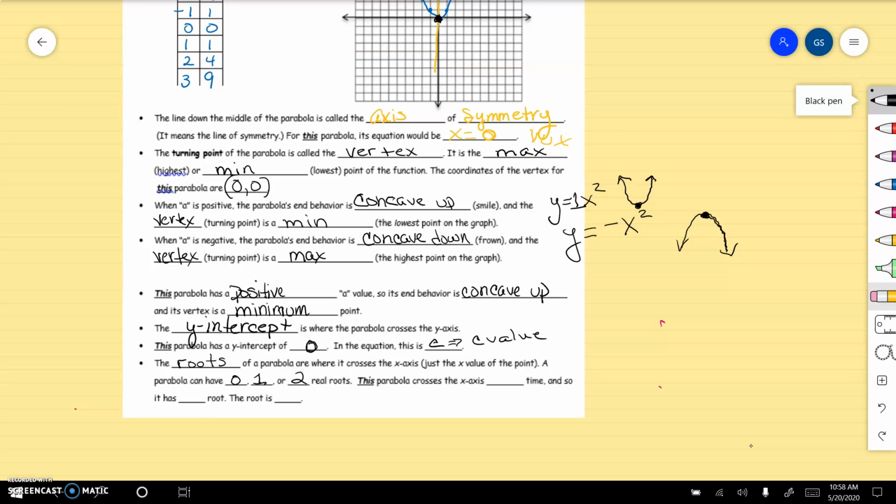It's just saying how many times the parabola touches the x-axis. In this parabola, it crosses the x-axis 1 time. By crosses, I mean it runs into the x-axis 1 time. So it has 1 root. Going back up to our graph, what's the x value of this point here? It's 0, right? So that's our root.